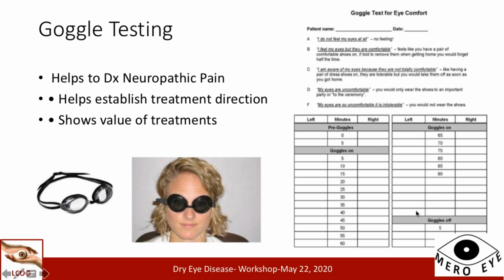So if wearing the goggle for some time helps them, then definitely it's an evaporative one. By just holding on to the moisture and reducing the evaporation using a goggle, if they are feeling better and their symptoms are getting relieved, then this is an evaporative form of dry eye.